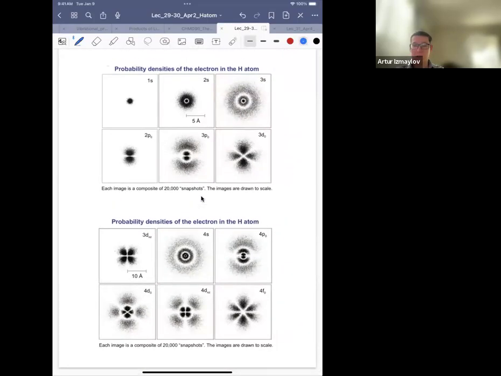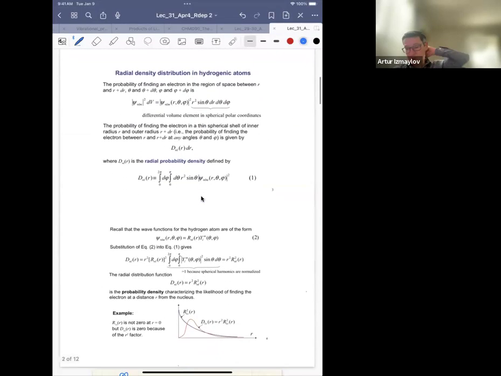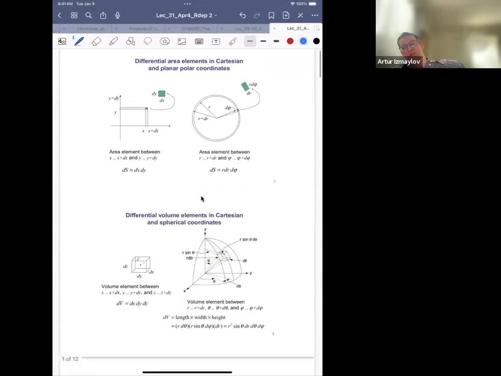If you have any questions, let me know. So let's make a quick break, and then we'll continue to some last section on the radial behavior of the hydrogen atom.